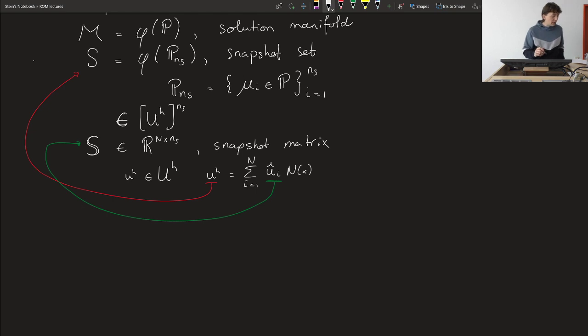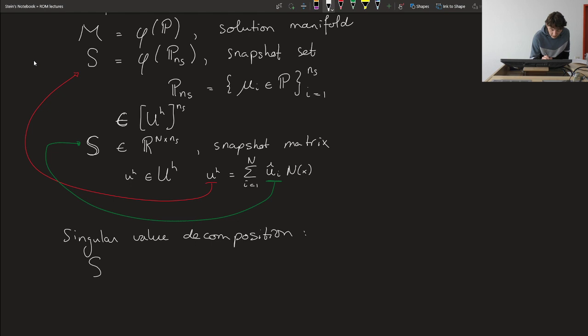So then, jumping right into the singular value decomposition, that was based on the snapshot matrix. It's a matrix decomposition, and it looks as follows.